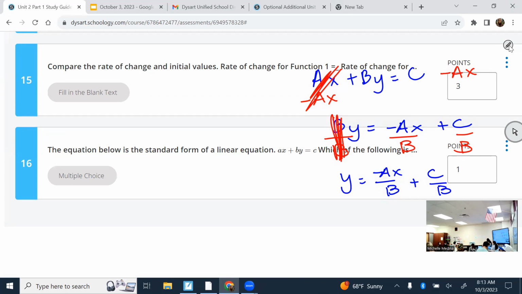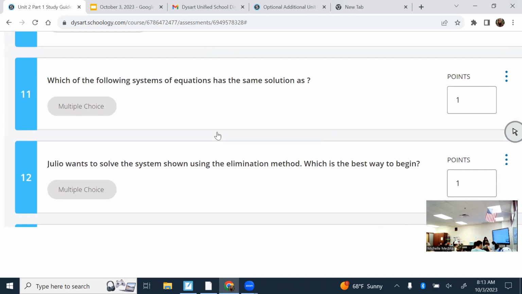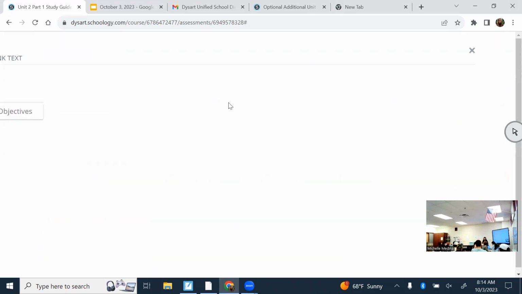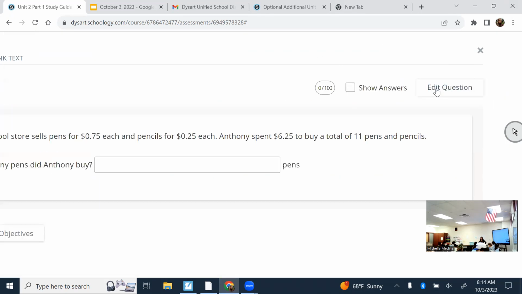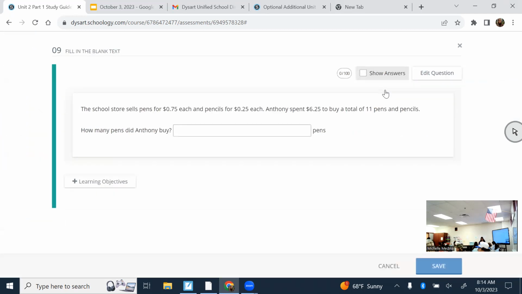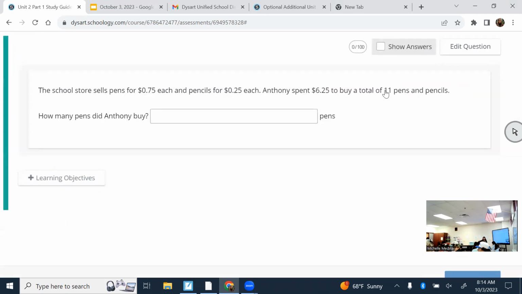It was the one with a negative AX. It's right here. Positive C over B. Edwin, I can write you a pass and I can check those notes you had out. Okay, but no talking over me, no lining up.